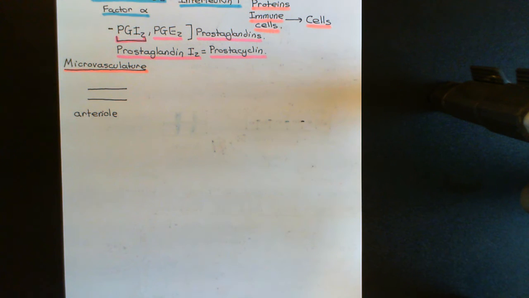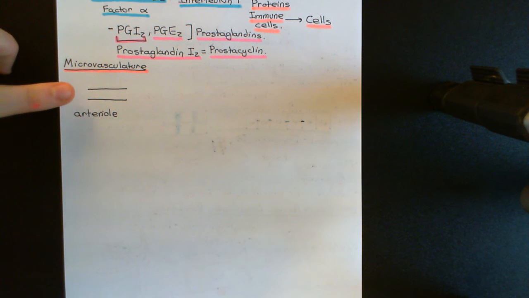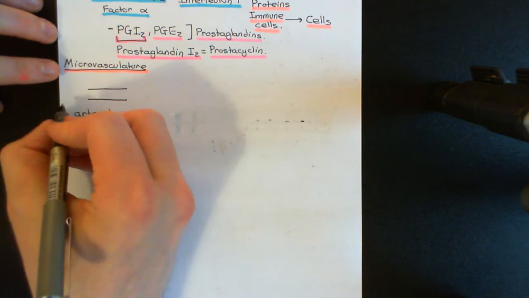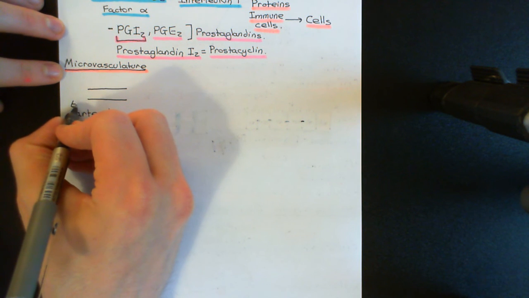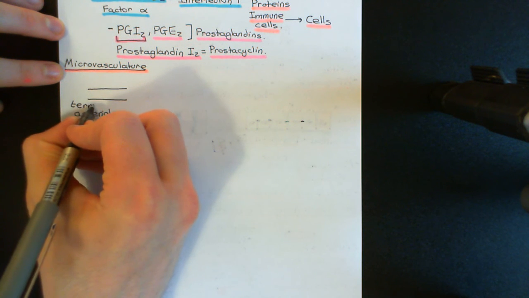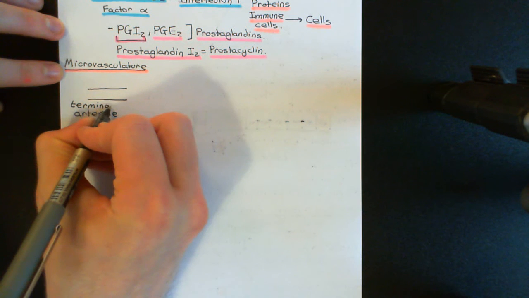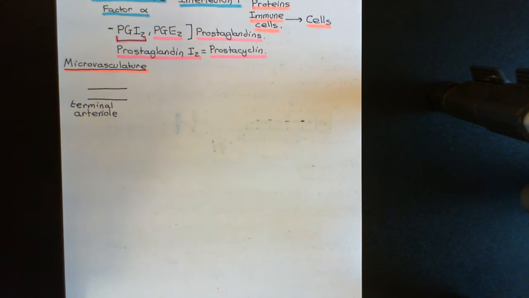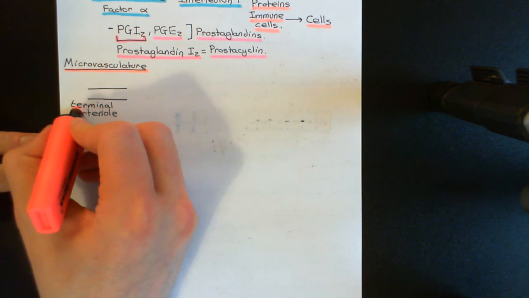There are very large arterioles that are almost visible, and then there are these tiny little arterioles that I'm talking about here, which is an arteriole just before we split into capillaries. So if you really want to stress the fact that you're talking about an arteriole that is absolutely tiny, the arteriole just before we split into capillaries, you can put the word terminal in front of arteriole.